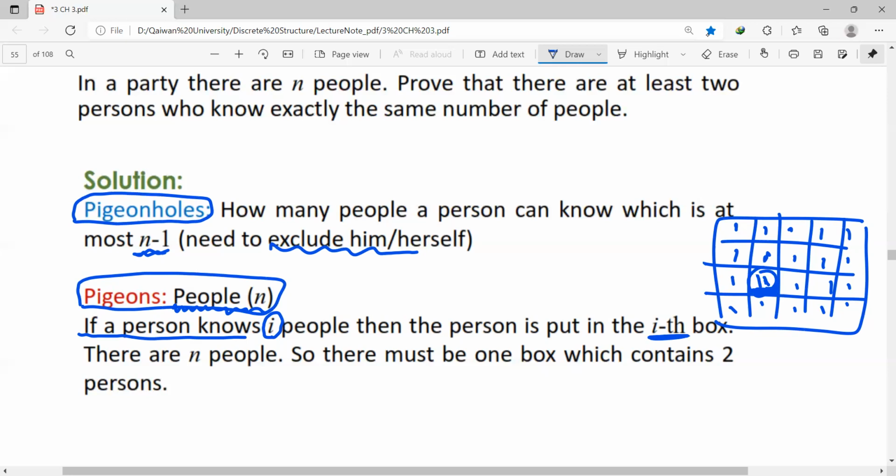So here there are at least two people who know the same number of people. Okay, so that's the answer.